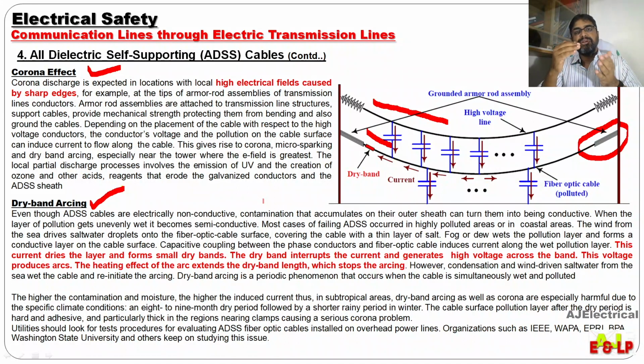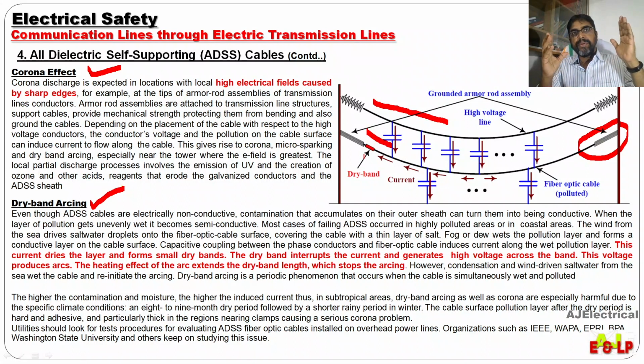That capacitive effect will cause some current to flow through the fiber, and the fiber may get warm, and due to the heat it can create dry points, or the fiber sheath can be converted to dry bands.